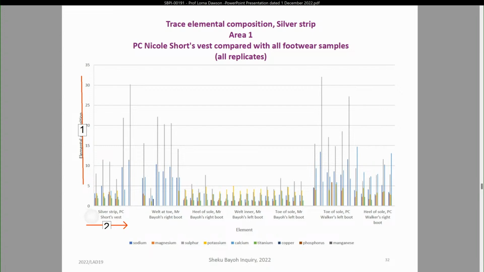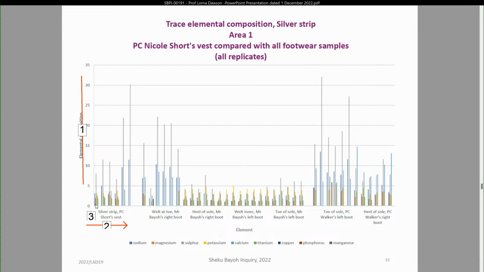Above the number 3 is one of those rectangular areas that were analysed from the Area 1 silver strip, and there were 6 of them analysed.